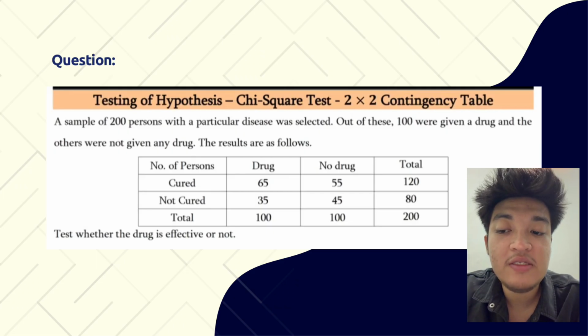On the surface, we can see a slight difference, with more people recovering in the drug group. However, we cannot just rely on a visual guess. We need to statistically test this hypothesis to confirm if the drug is truly effective.